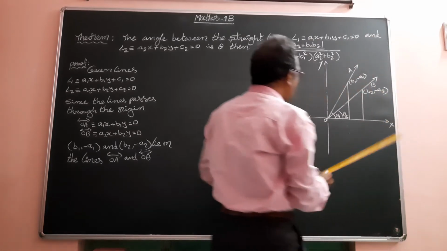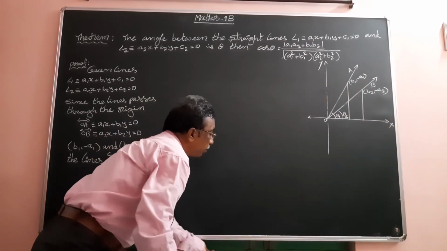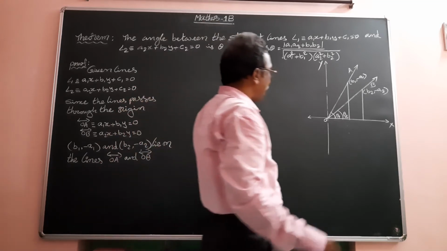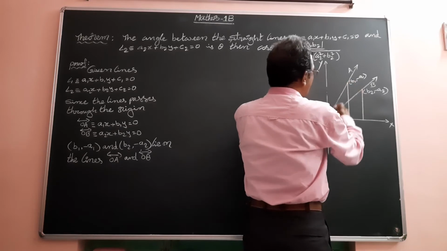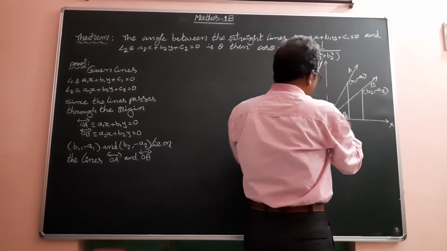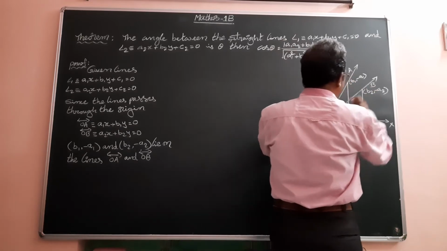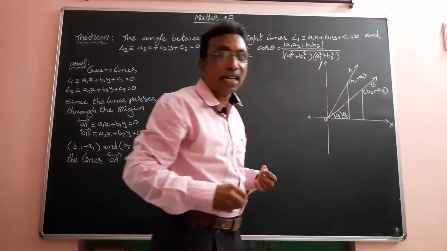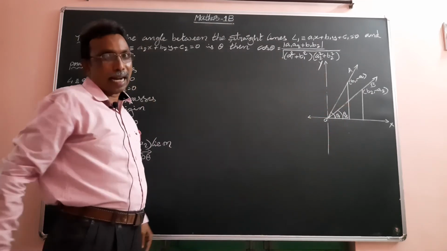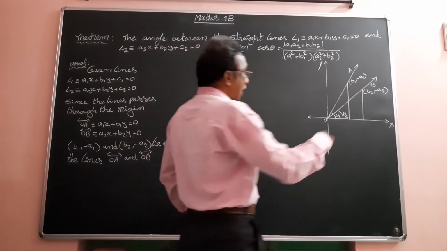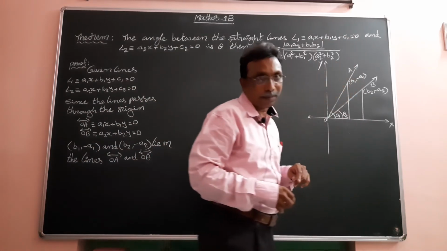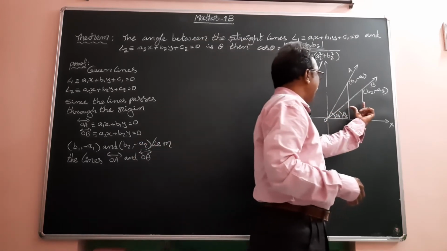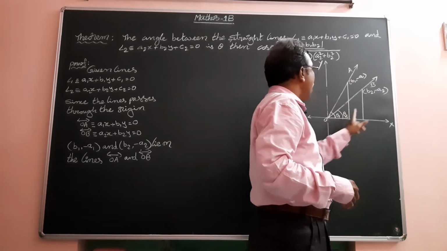So, observe that figure, this is a right angle triangle. Next, this one is also a right angle triangle. How many right angle triangles are formed? 2 right angle triangles. First right angle triangle depends upon theta 1 angle. Next, second right angle triangle depends upon theta 2 angle.